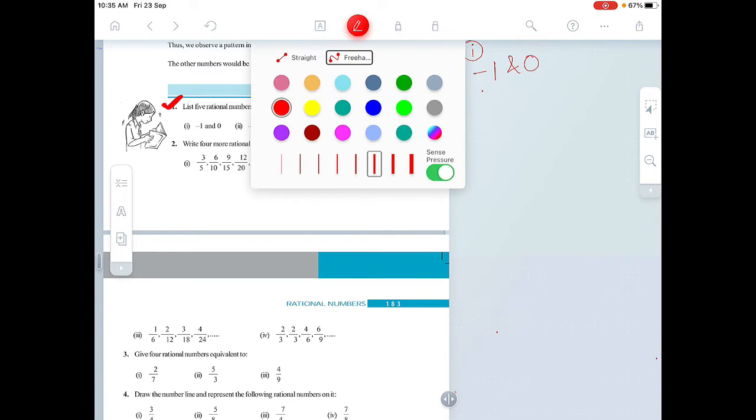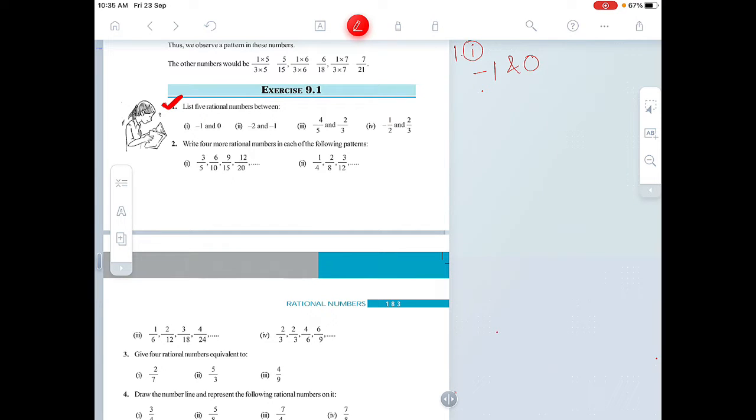Now understand it very well. Between -1 and 0, we will get so many rational numbers. Whatever proper fractions there are, along with a negative sign, will be such rational numbers between -1 and 0.